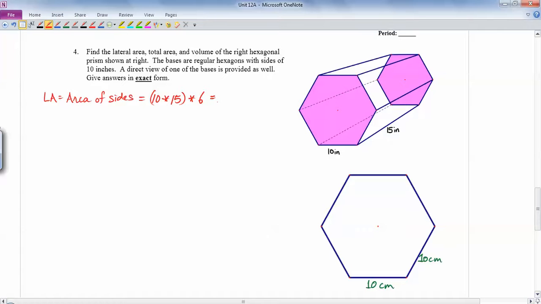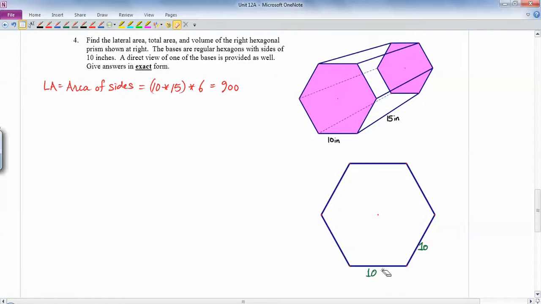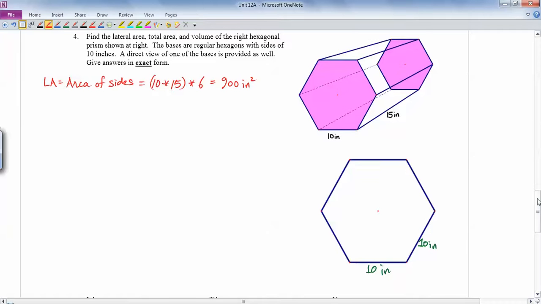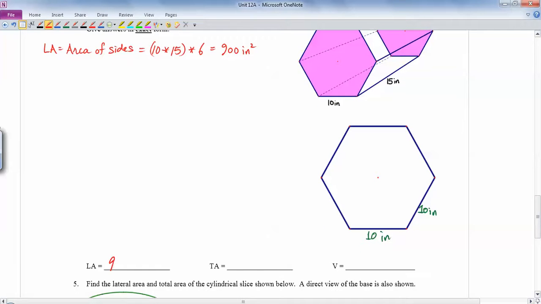That's 150 times 6. What is that, 900? Yeah, 900. Okay, we're working in inches. Whoops, not centimeters, inches. So since it's an area, it's going to be in inches squared. 900 inches squared.